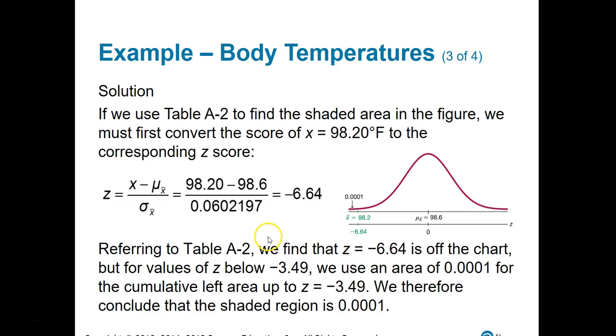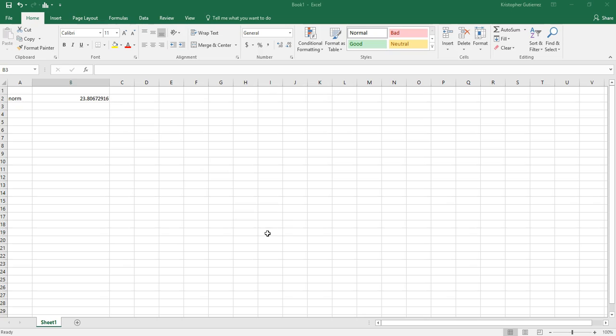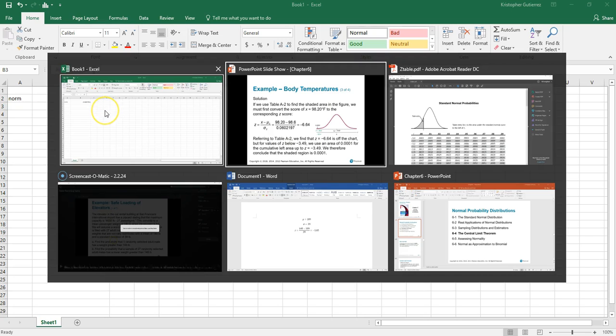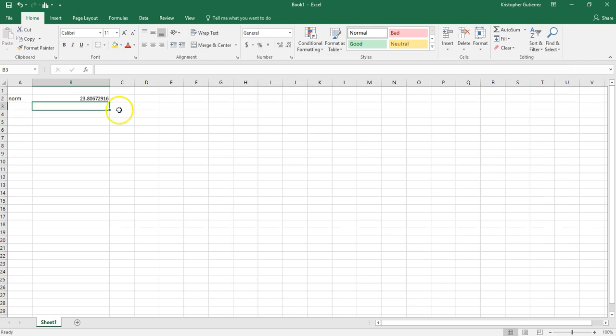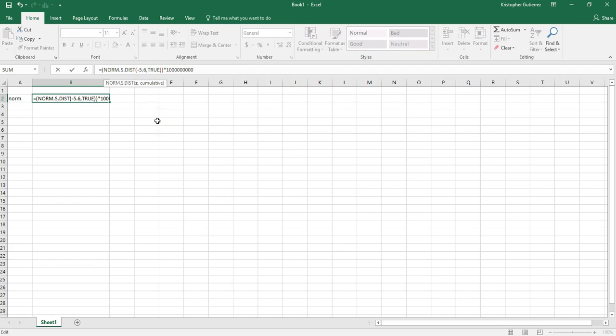We could use Excel if we wanted to, but again, we'd get an exceedingly small number. And we can try that.